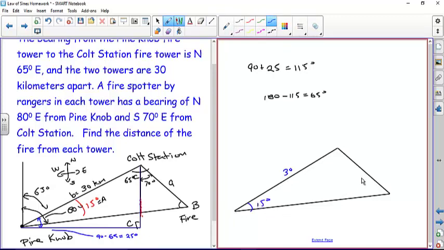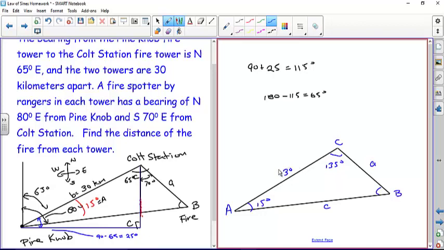This angle here is the sum of these two, which is going to be 135 degrees. And now what I need to do is figure out A here. This is angle A. We'll call this angle C. This would be side C, and this angle here is angle B. So this is side B.